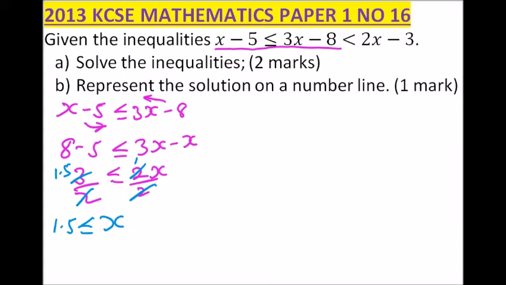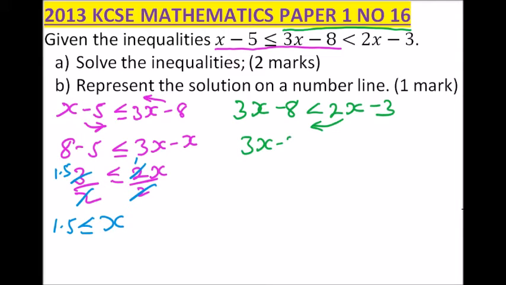After that, you take the other side, you take these two again and you work on them. So you say 3x minus 8 less than 2x minus 3. We take this 2x to the left hand side, it becomes minus 2x. So we have 3x minus 2x.